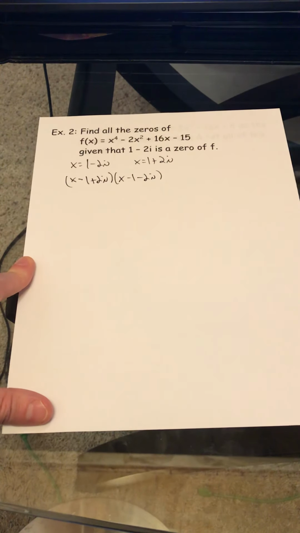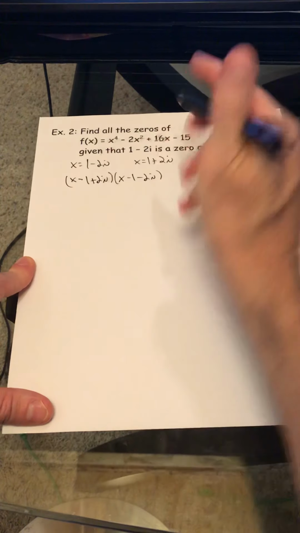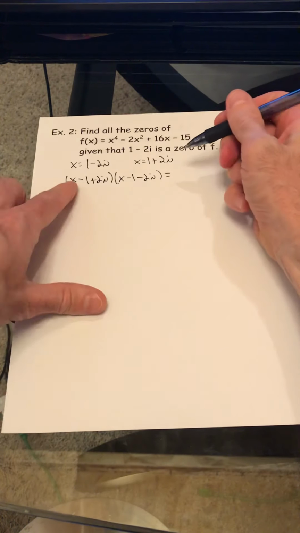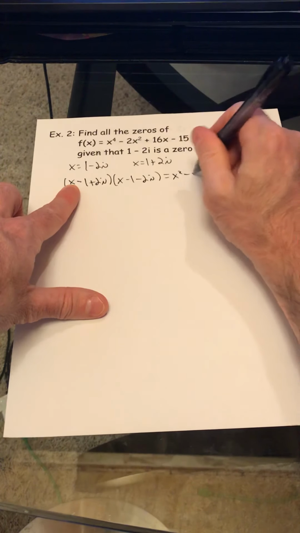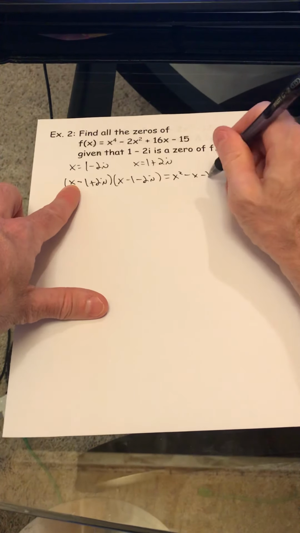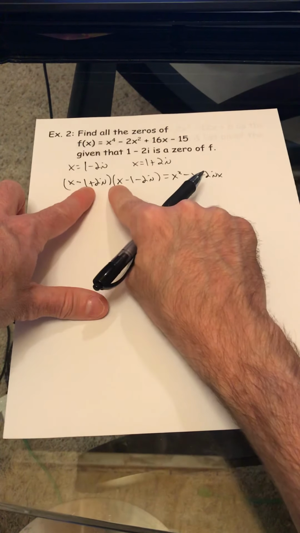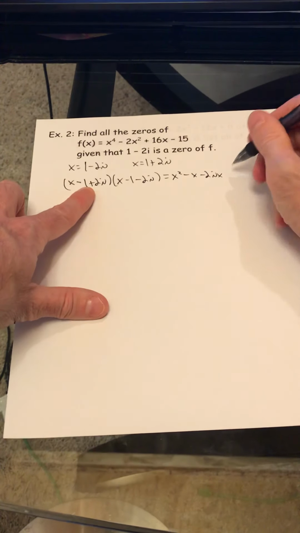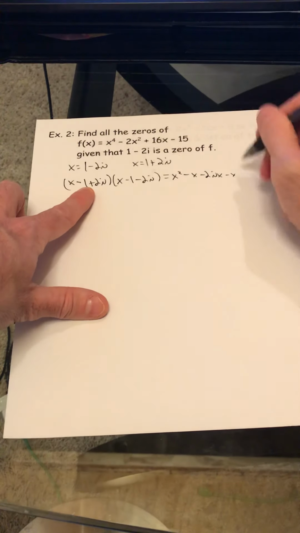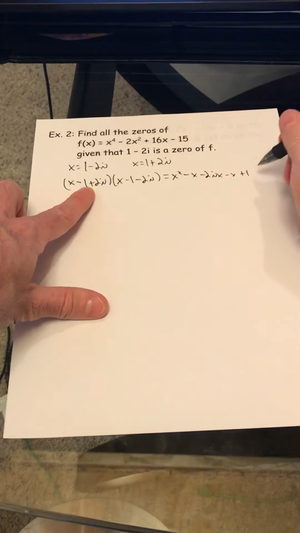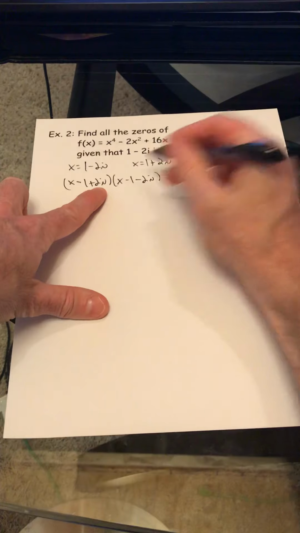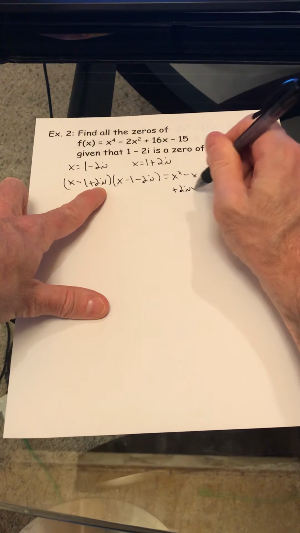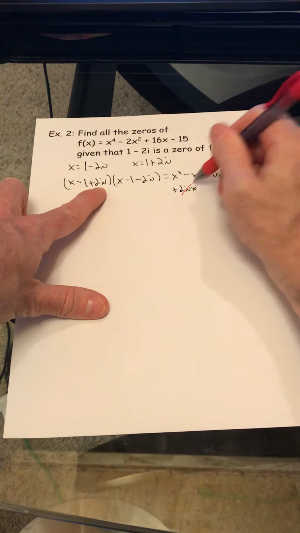Now, we are going to distribute these, and it does get a little bit ugly. X times x is x squared, -x, -2ix. Then I'm going to distribute everything with the -1. So -x, +1, +2i. There's a plus 2ix.